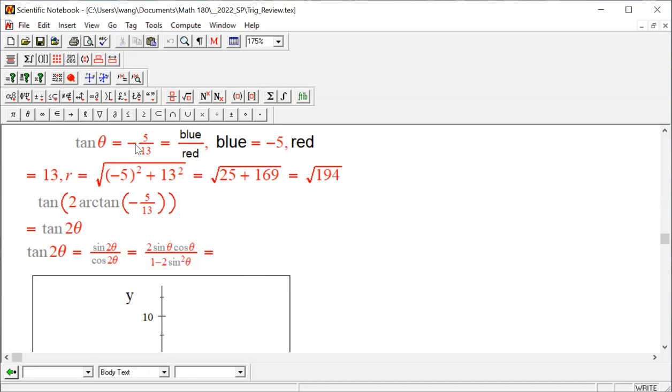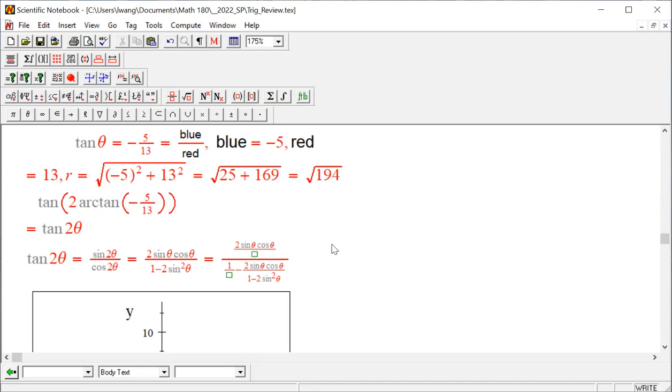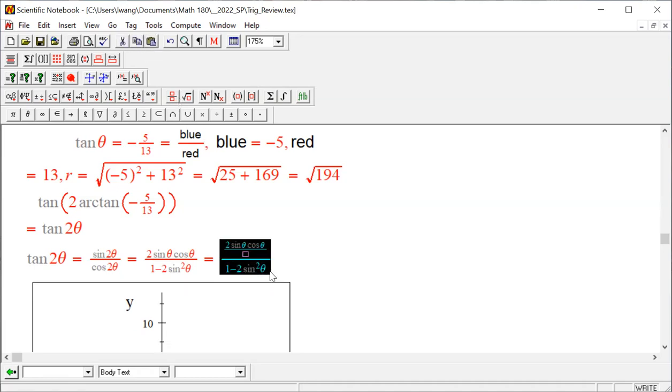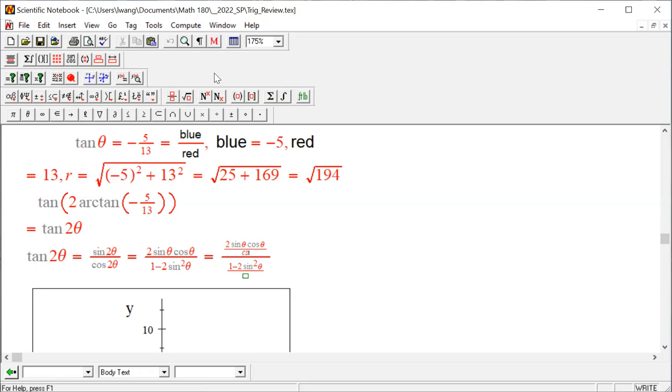But before we plug in, this is what I propose: divide both the top and bottom on every term by something, and we're going to choose cosine squared theta.